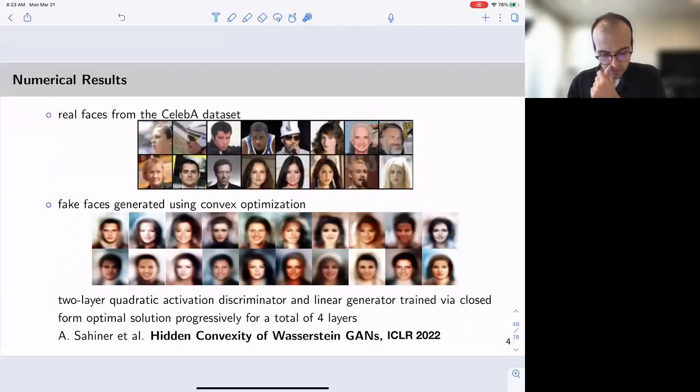So it turns out with convex optimization, using this data set, you can generate some faces, not as high quality as state of the art, of course, but just to show that the basic idea works. This is the way each image is hallucinated by the neural network, right? But with the convex program, we have a much better handle on what exactly the model is doing, and we can actually optimize it faster with our methods.